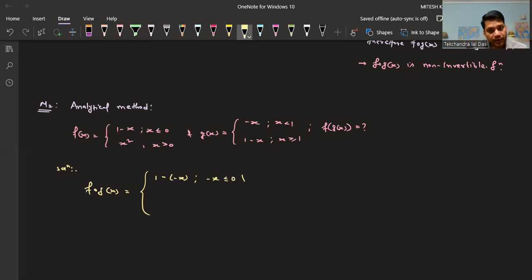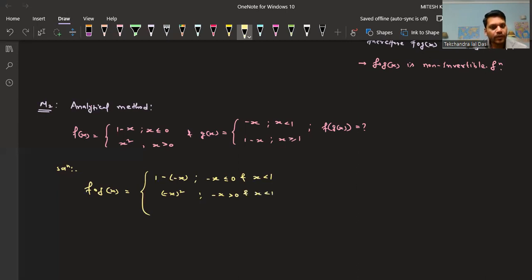We have to intersect this interval with x less than 1, the interval of this function. Now put this minus x in the other one too: (minus x) whole square, for minus x greater than 0, and also intersect with x less than 1.